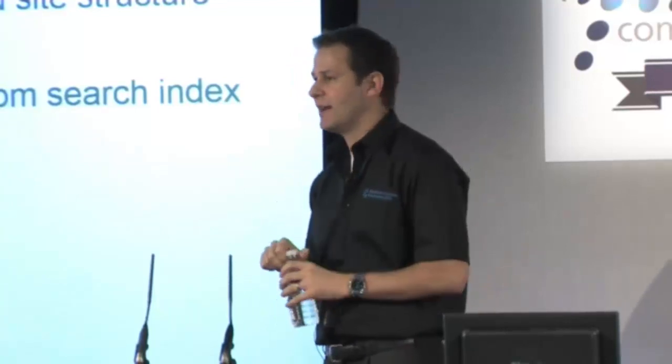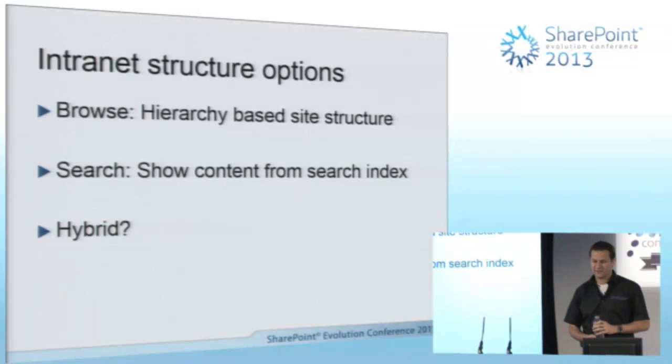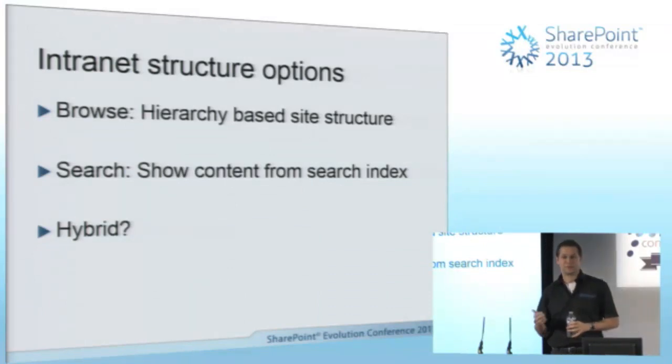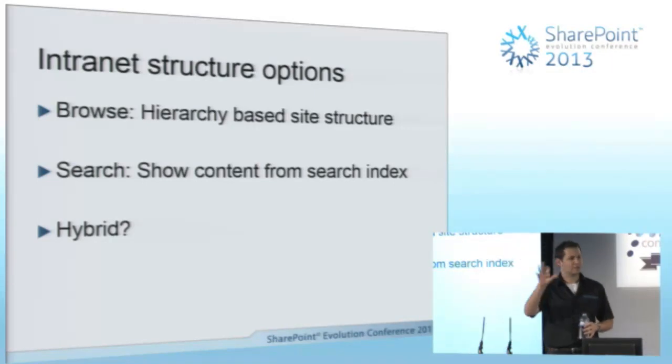So I'd sort of summarize our options for building intranets in three really simple ways. You either build them for people to browse, which is some sort of hierarchy, and in SharePoint 2010, that would be a site structure with a single site collection and a bunch of sites below it, maybe like a site for each division or team or what have you.